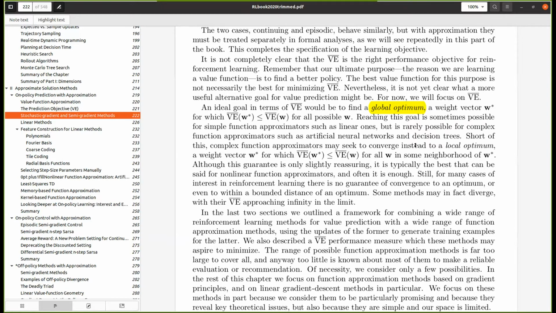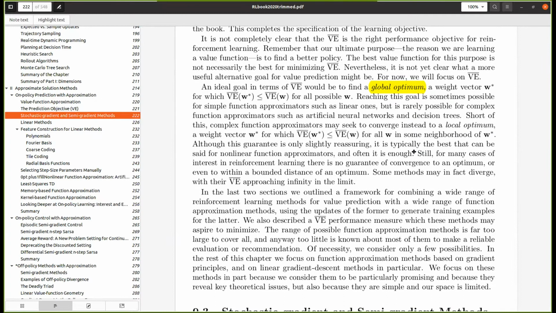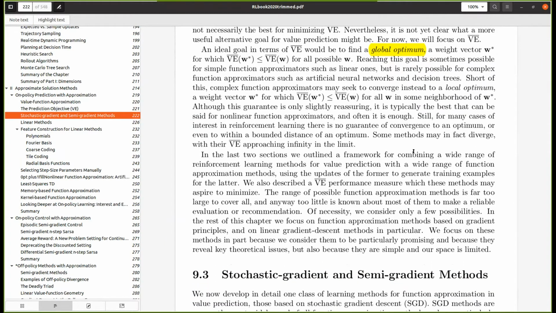And in the more general case, we converge to a local optimum, and the hope is that the local optimum is good enough to work, right?